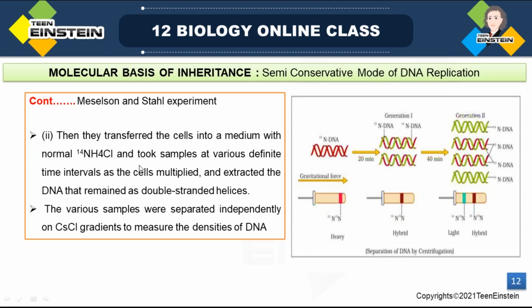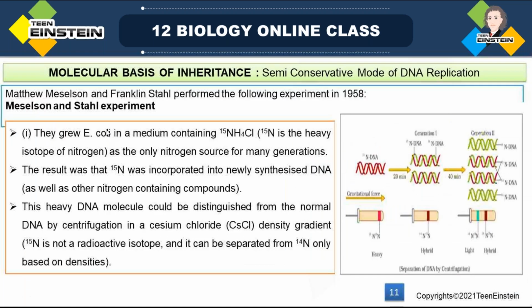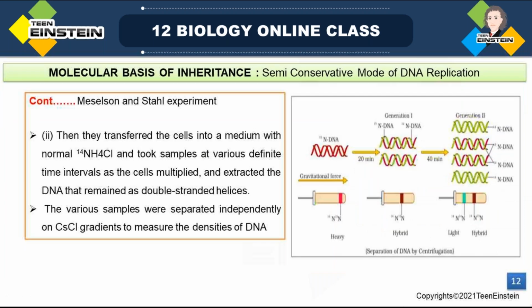So what did they do? First, they provided the heavy isotope, N15, as the nitrogen source for many generations. Then they transferred those cells into a medium with normal nitrogen, N14, in ammonium chloride.